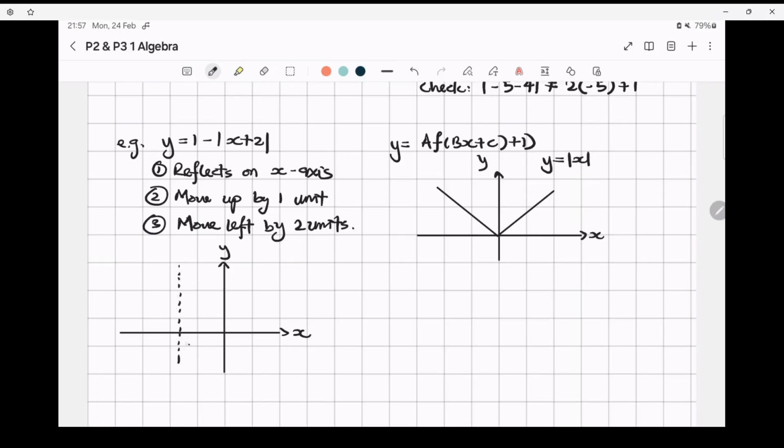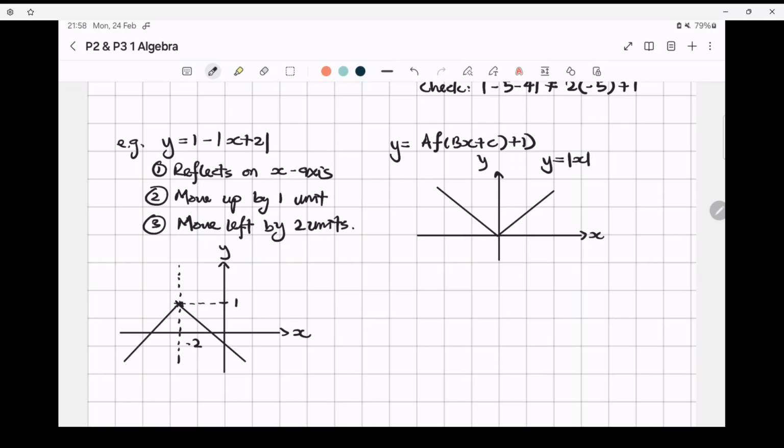So this is minus 2, and then you have 1 over here. So this point, it will become like this. So of course this is just a rough sketch.